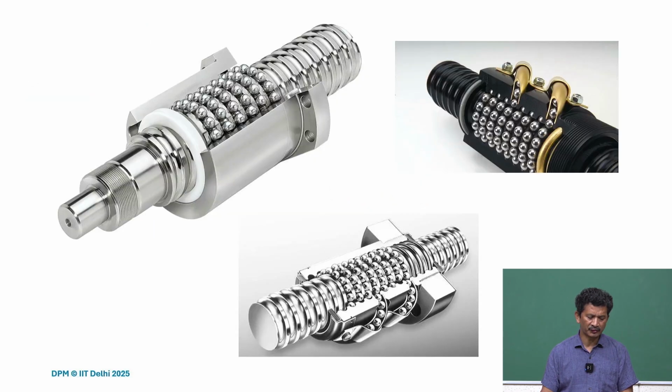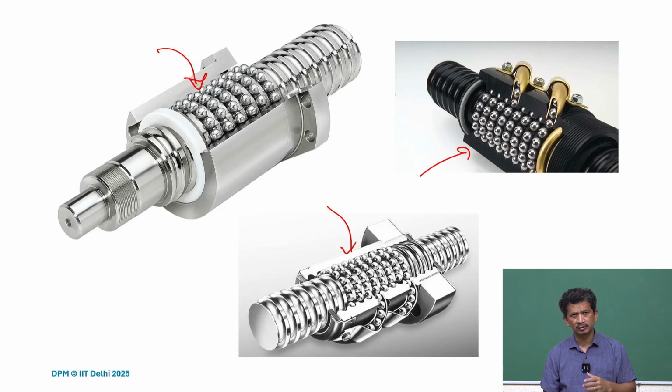So these are some examples and the detailed image of the ball screw. Many times we don't see the inside, but you can see there are a lot of recirculating balls inside. As we turn, it recirculates, and if it didn't recirculate, the balls would come out from one end and have to be moved back again.